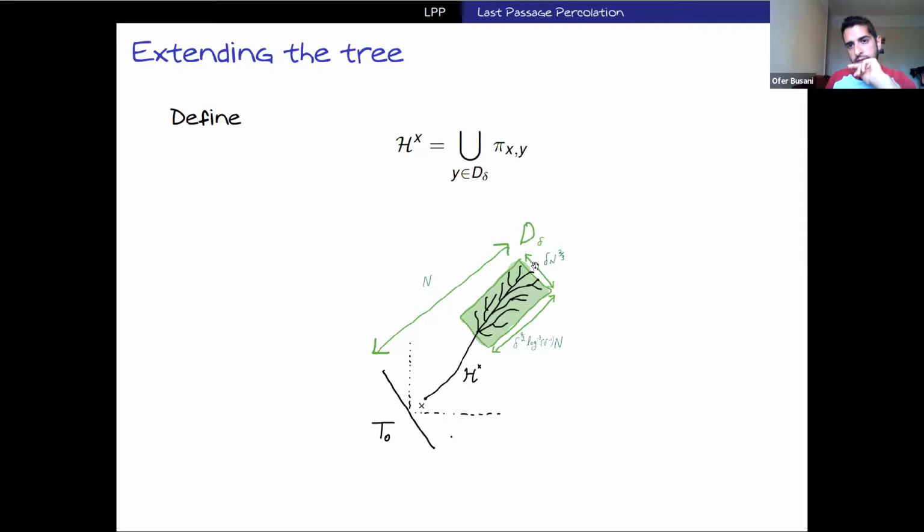Now, note that D delta is somewhat different from B delta in its geometric dimensions. The width is the same as before, delta n to the 2/3, but the length is now macroscopic.